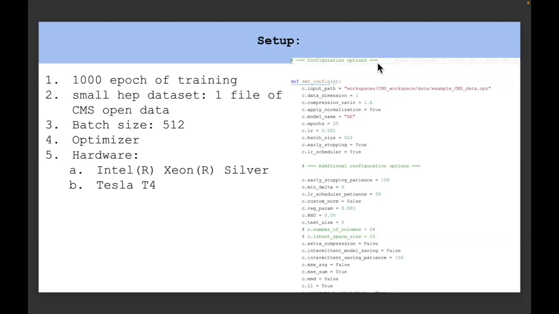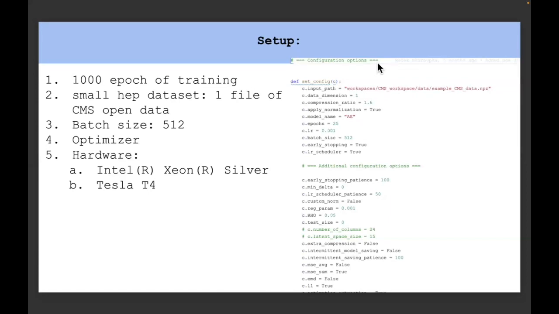The basic procedure that we were tracing and inspecting is training for 1000 epochs using the small data set, and there are a lot of sensitive features that can impact the speed of this training.